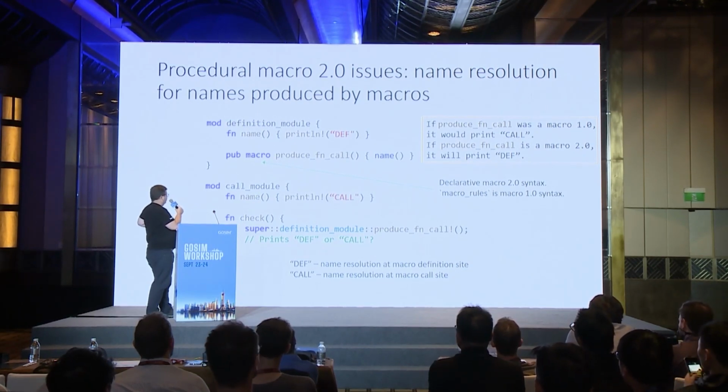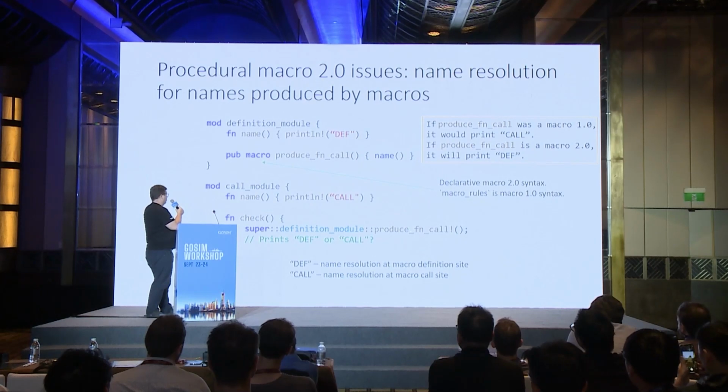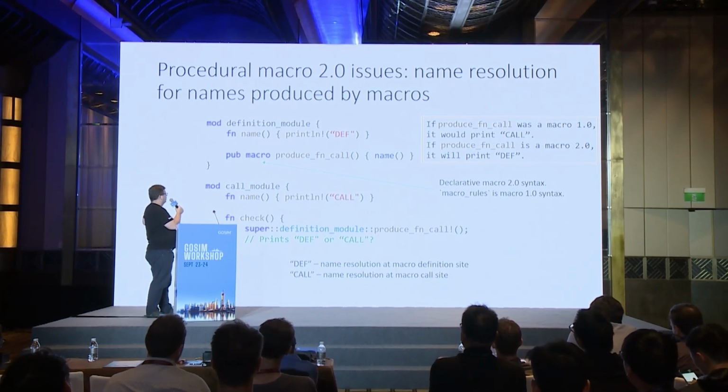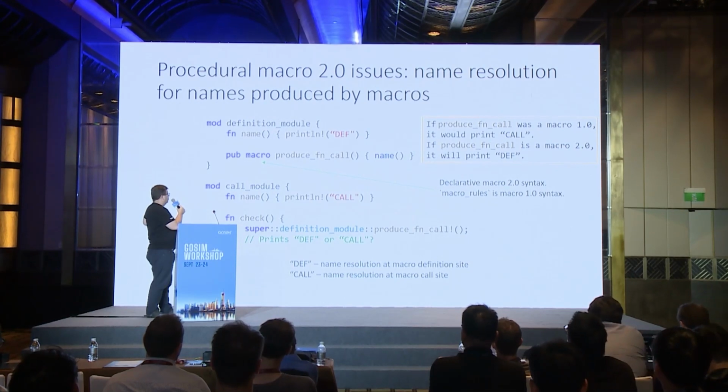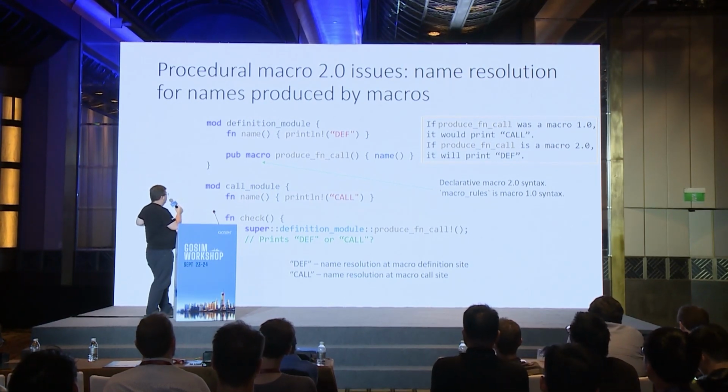Here we see a function that is located in a different place. This is a place where we call this macro. And the macro contains a call to a function named name. So which name will we call here? This one or this one?